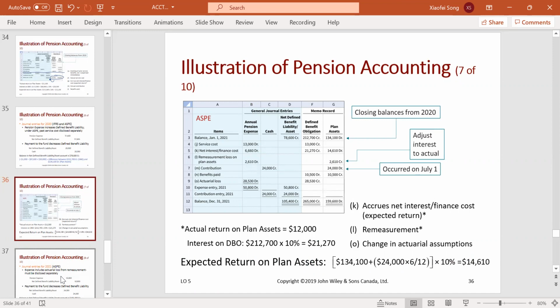Okay, so this year we carry an opening balance on the balance sheet of 78,600. That's a net liability. That's the difference between a DBO of 212,700 and the PA of 134,100.